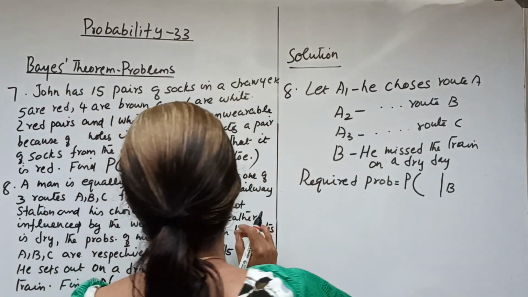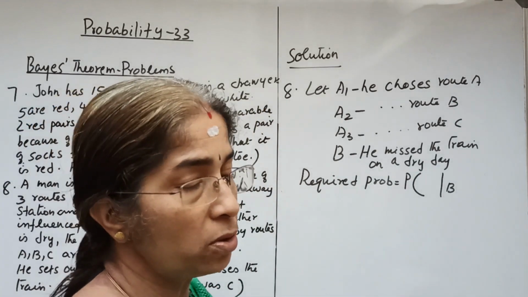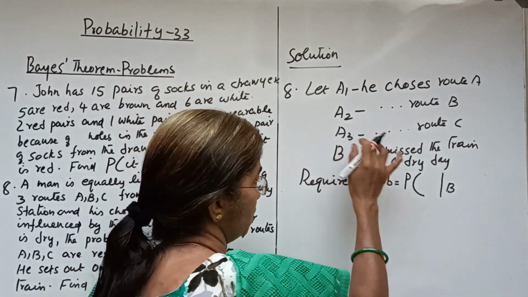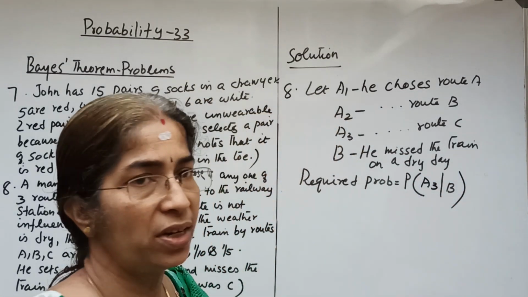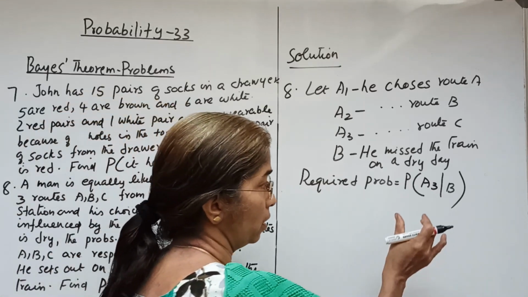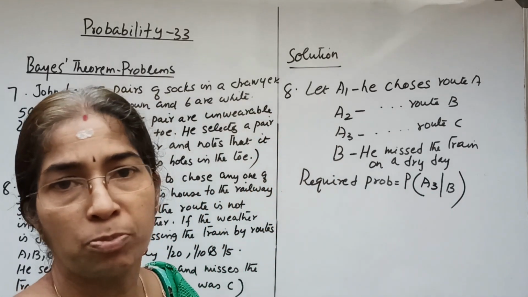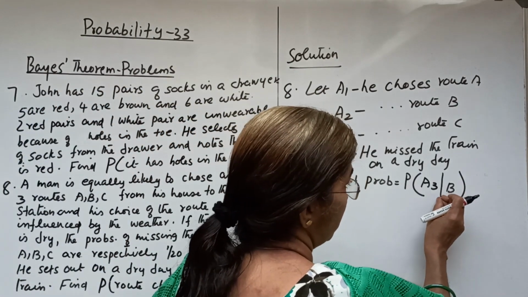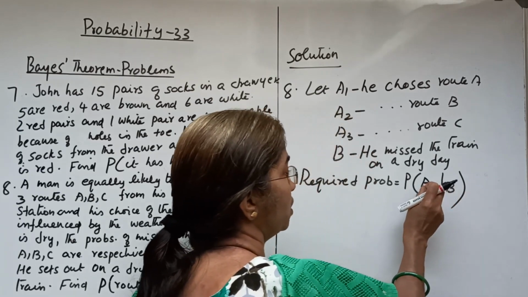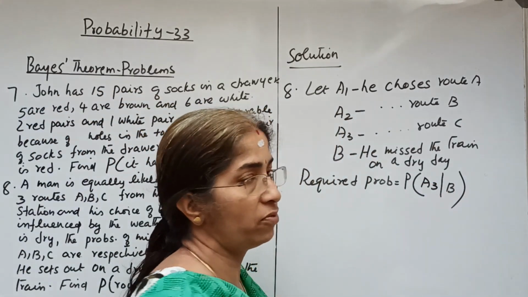Okay, and we want to find the probability that the route chosen was C. So this is A3, and the required probability is P of A3 given B. Okay, to make it clear, this probability to be obtained is P of A3 given B.